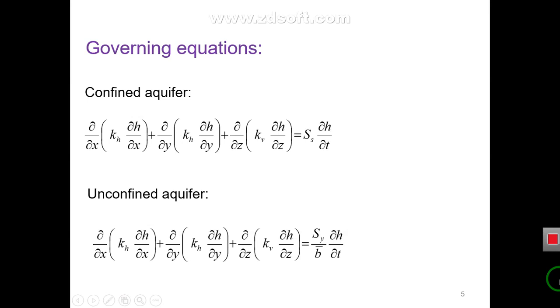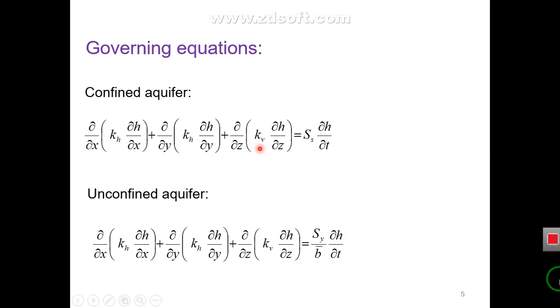Please note that the flow medium is assumed to be saturated and flow is time dependent. In these equations, the left hand side is the same. Ss represents the specific storage for a confined aquifer, and Sy is the specific yield of an unconfined aquifer. b represents an average thickness of an unconfined aquifer.